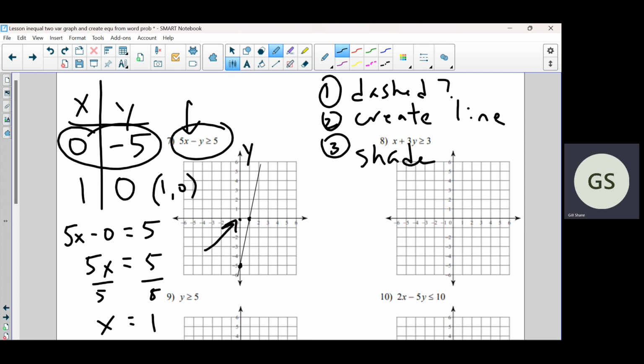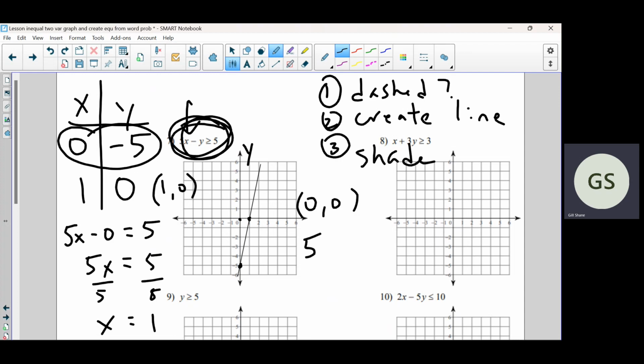So if we just test one point, that's all we really need to do. What testing means is it just means plug it in. Plug in 0, 0. So that point right there is 0, 0. X is 0, Y is 0. See if it makes this statement right here true. If it makes it a true statement, then it's a solution. If it doesn't, then it's not a solution.